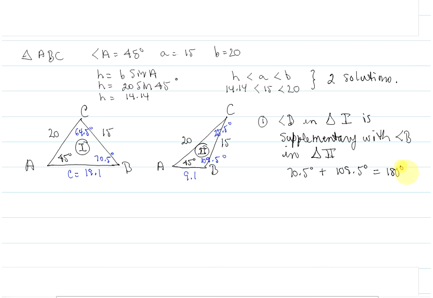So when you're working on triangles that are ambiguous and you know you're going to have two solutions, you're going to find that your angle B in your first triangle and your angle B in your second triangle will be supplementary. Okay? Now, second observation is that your supplementary angles have the same sine ratio.